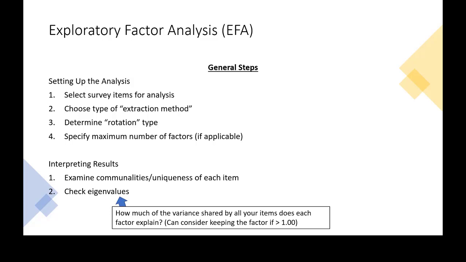I don't think there is an upward limit, but usually if you have an eigenvalue for a factor that's below 1, you probably won't want to use it. You can treat it as uninterpretable, or maybe just a nonsensical factor, or by chance. 1 would basically mean that the factor explains at least as much variance as an individual item would. If it's less than that, then it means it's not doing as well as even 1 item in your survey.